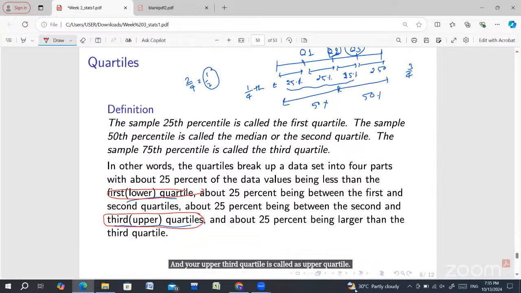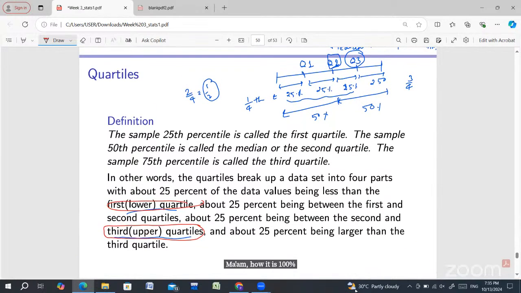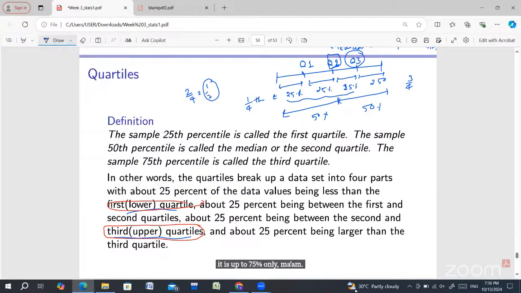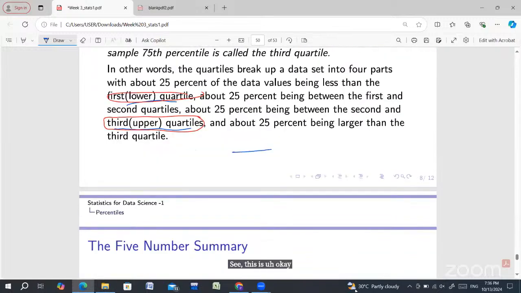Ma'am, how is it 100%? Like first is 1 to 25, then 25 to 50, then 50 to 75? No, the remaining is 25. It is up to 75% only, ma'am, no? See, this is your line.